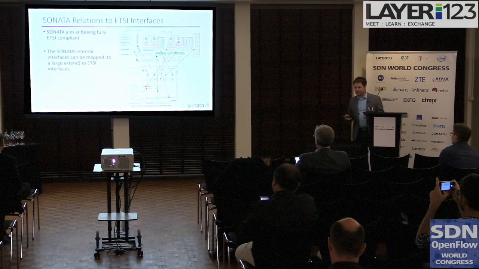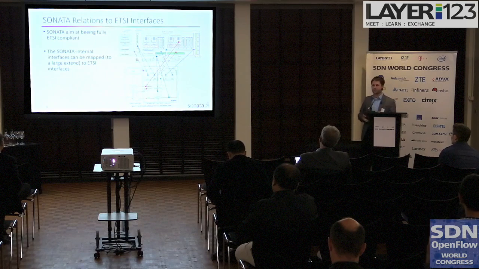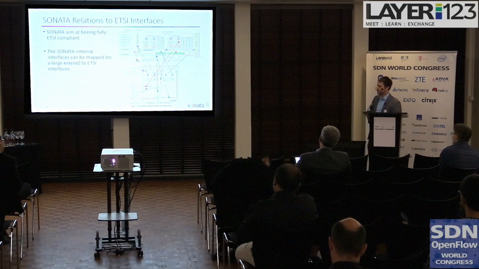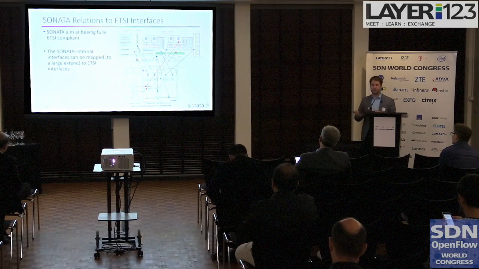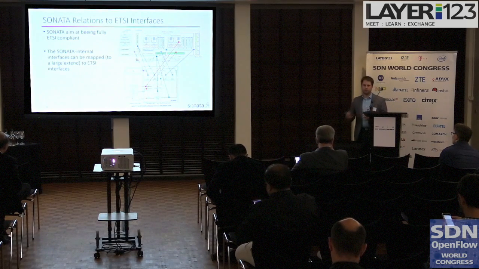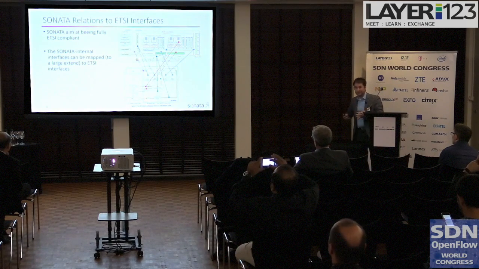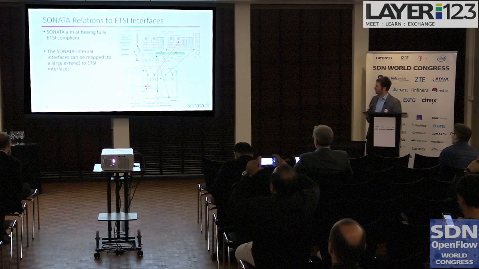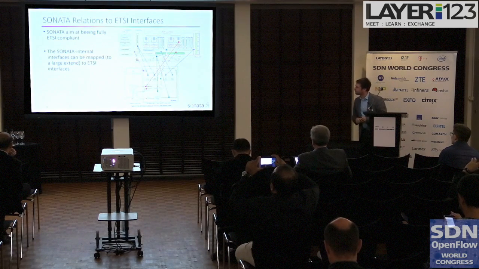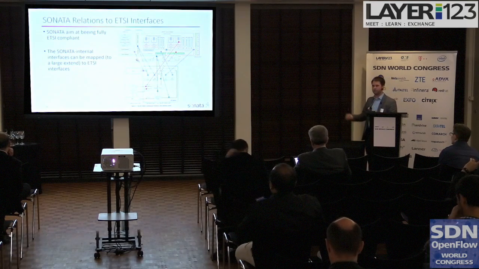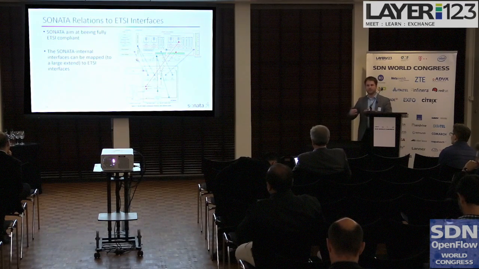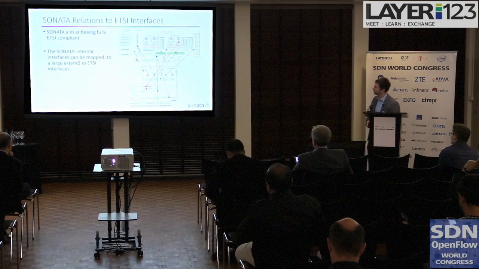That's because when we started, the ETSI architecture was fine, but the description of the various APIs and interfaces were not fixed yet. It's becoming more and more mature now. But we had to extend, and since we really wanted to build it, we had to play around with it and make it work in the end. But it's possible to map that to the ETSI architecture, so you can have a separation, for example, between the NFVO and the NFVI and stuff like that.